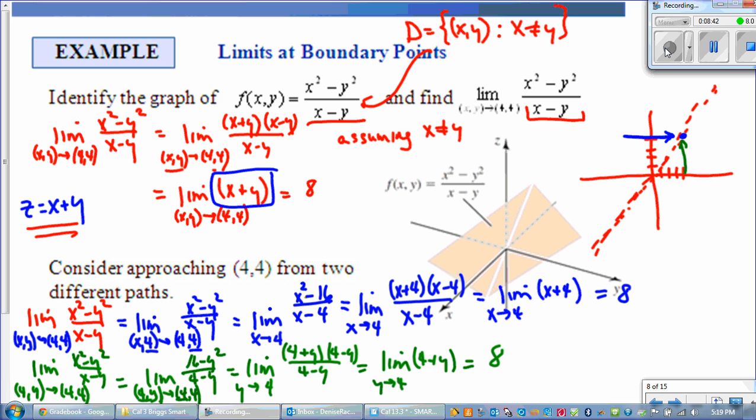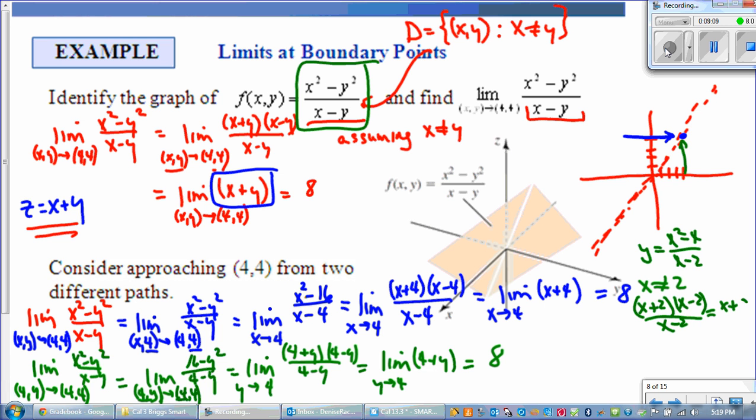Now, trying to graph this function, I want to remind you of a situation back when you were graphing the function y equals x squared minus 4 over x minus 2. To graph this, you noted that x could not be equal to 2 because 2 is not in the domain of the function. But if x is not 2, this equation is equivalent to x plus 2. That's if x is not 2.